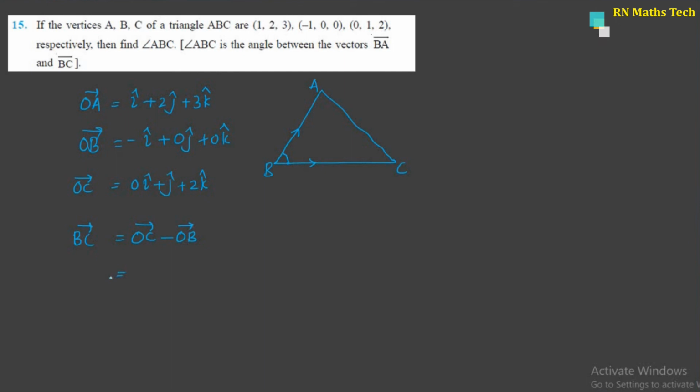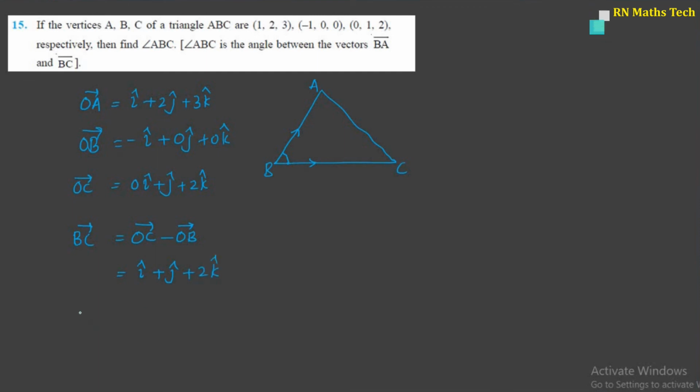Now OC minus OB is 0i minus i, j minus 2j is minus j, 2k minus 3k is minus k. BC is minus i plus j plus 2k.